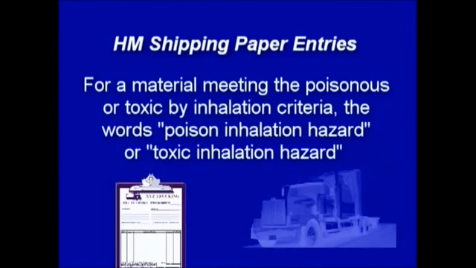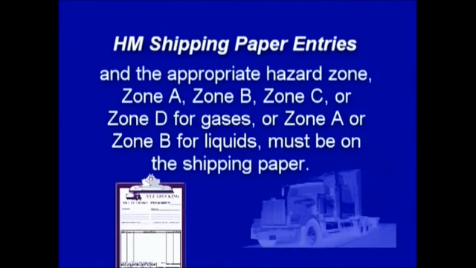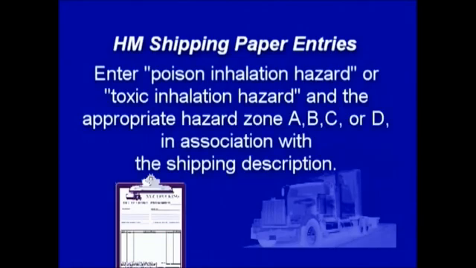For a material meeting the poisonous or toxic by inhalation criteria, the words poison inhalation hazard or toxic inhalation hazard and the appropriate hazard zone, Zone A, Zone B, Zone C, or Zone D for gases, or Zone A or Zone B for liquids, must be on the shipping paper. Enter poison inhalation hazard or toxic inhalation hazard and the appropriate hazard zone, A, B, C, or D, in association with the shipping description.